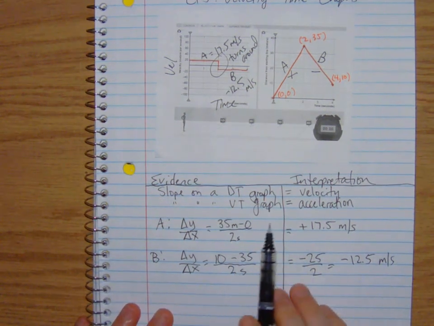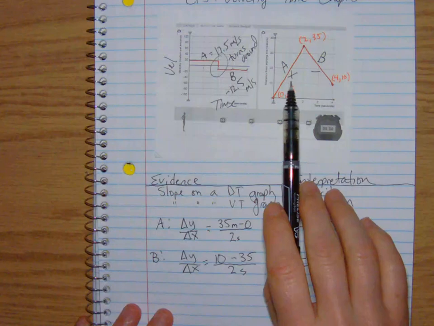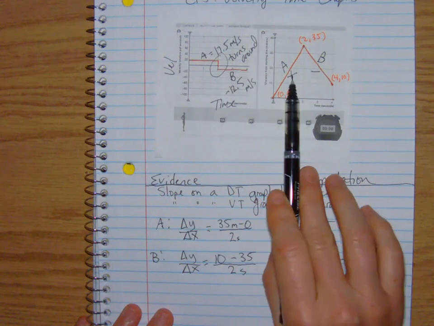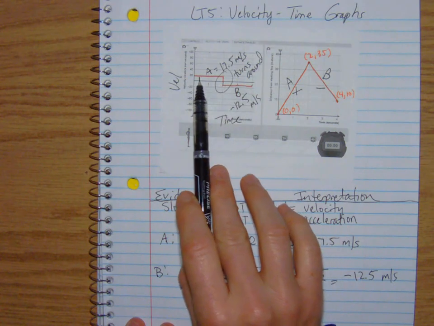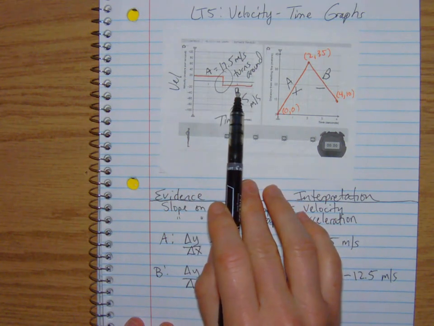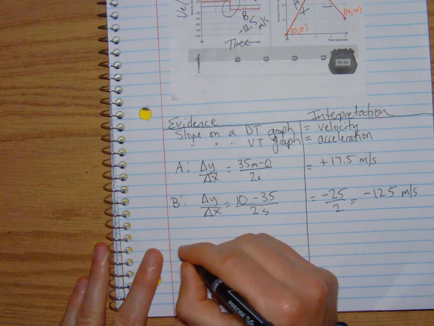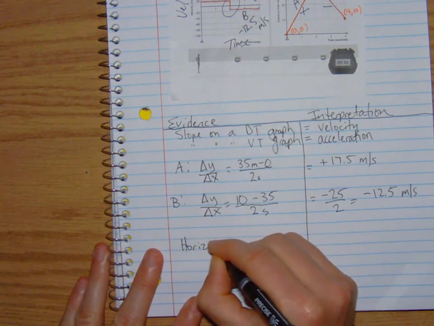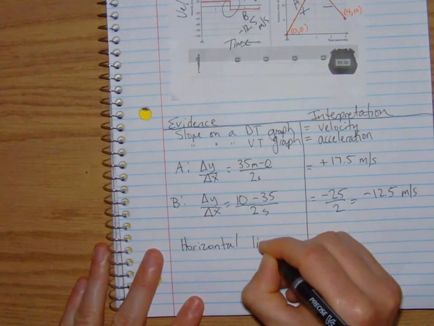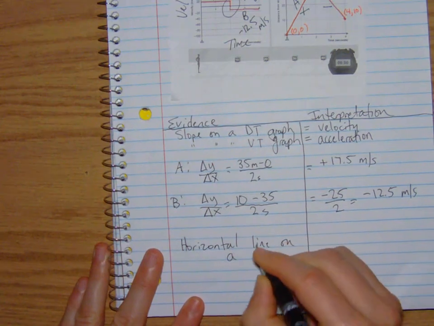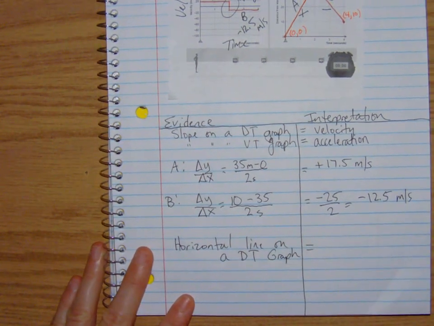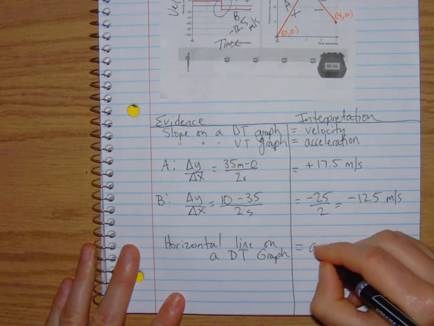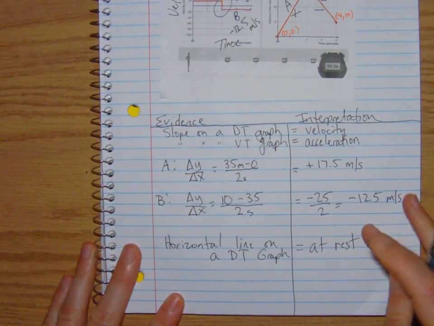All right, so real quick, slope on a position time graph is the velocity. That gets transferred onto a velocity time graph. So now, why are these horizontal? Because we knew that a horizontal line on a distance time graph, hopefully we would remember, means that person, that object, whatever it is, is at rest.